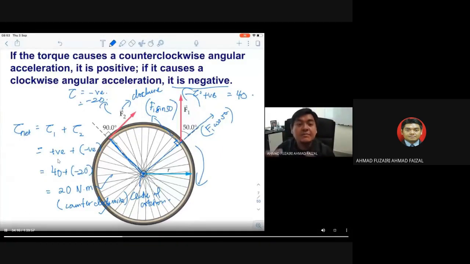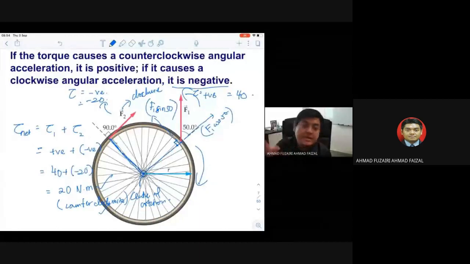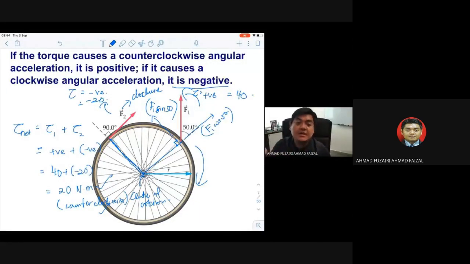Because kalau ikut arah jam, nilai dia negatif. Kalau lawan arah jam, nilai dia dah positif. Tetapi ada juga there are some books or reference book that have a vice versa. So that will give you a certain, kan pening pula awak kan. Awak baca buku ni, buku ni kata kalau clockwise positif, kalau counterclockwise negatif.